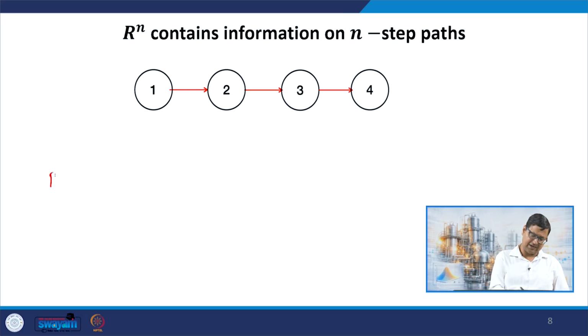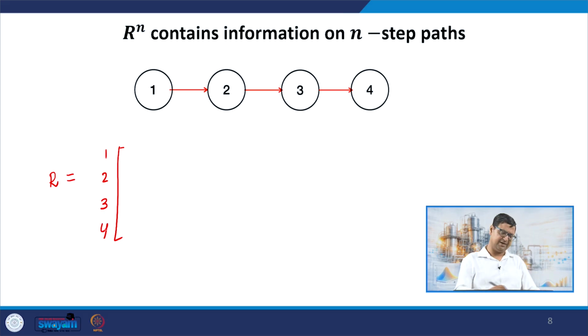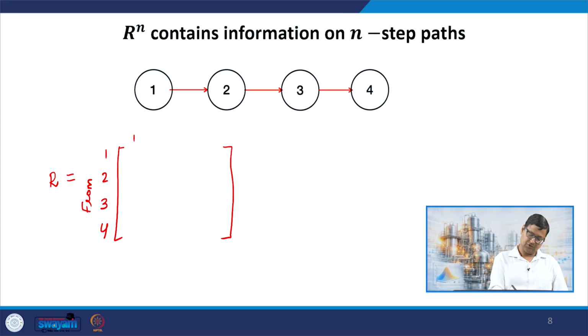So, my R is going to look like the following. I am putting some labels here, 1, 2, 3, 4. This is not part of the matrix. This is my from, and then 1, 2, 3, 4. This is my to.